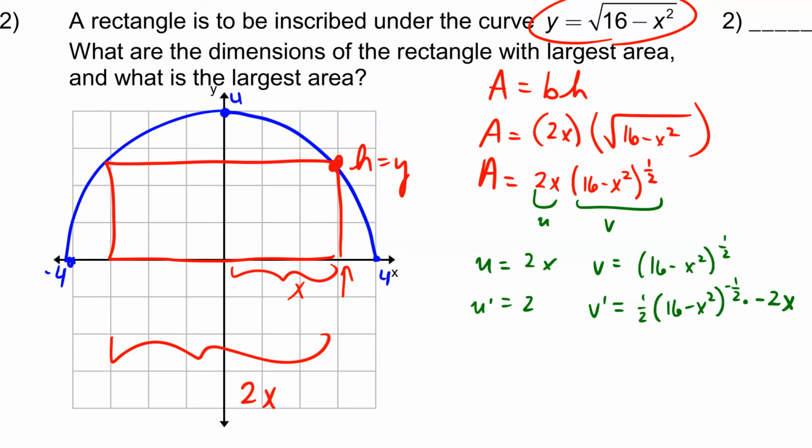This was the chain rule. This second part came from the fact that once we brought that exponent down and subtracted one, we had to take the derivative of the function inside. The derivative of 16 minus x squared: 16 is a constant, so 0, and then bring the 2 down, negative 2x. That's how I tack it on.